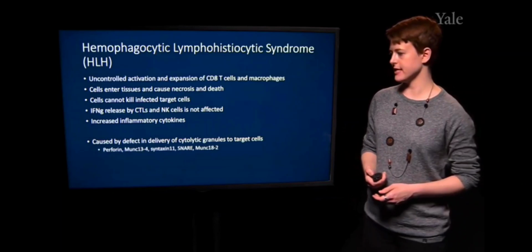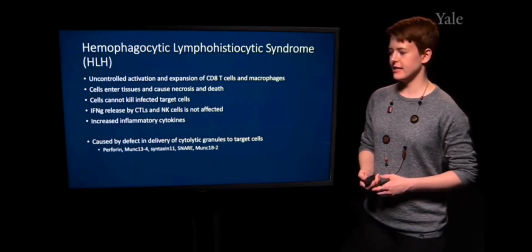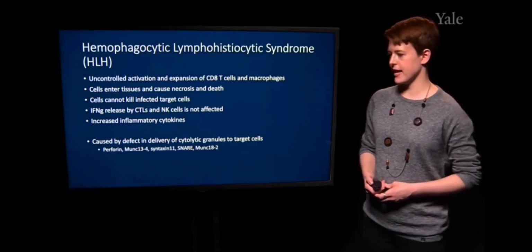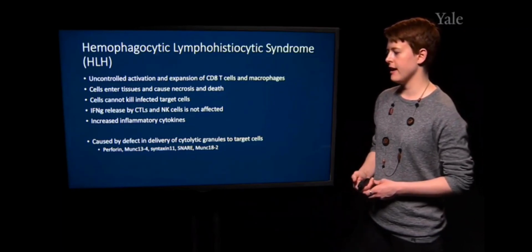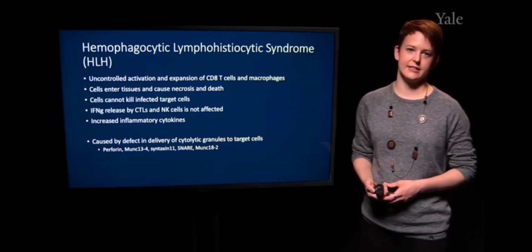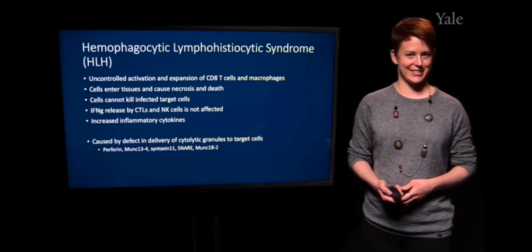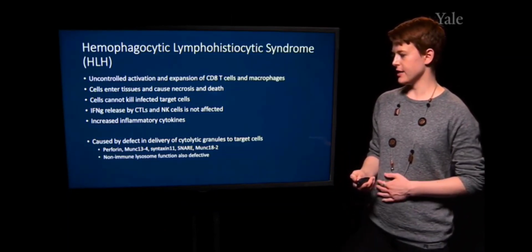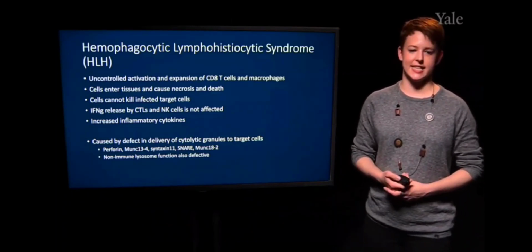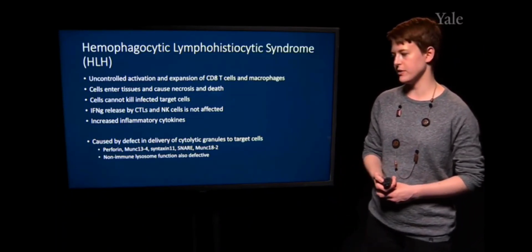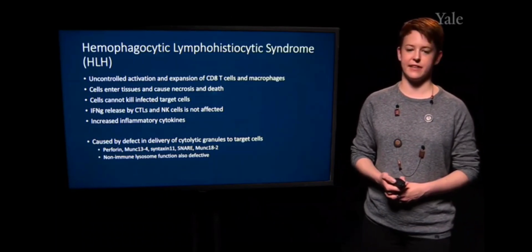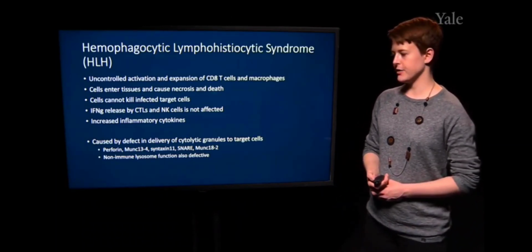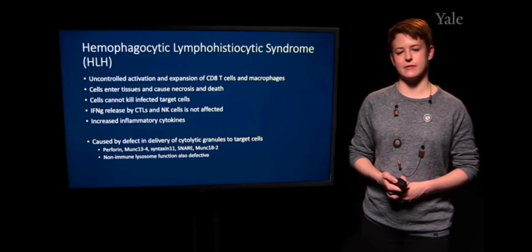And some of the genes that this defect can be in are perforin, as well as several other genes that you guys can review. So we also see in this disease that non-immune lysosome function can also be affected. And this is again due to problems with granules within cells.